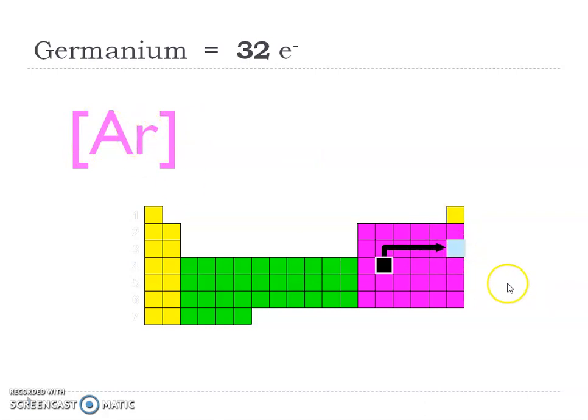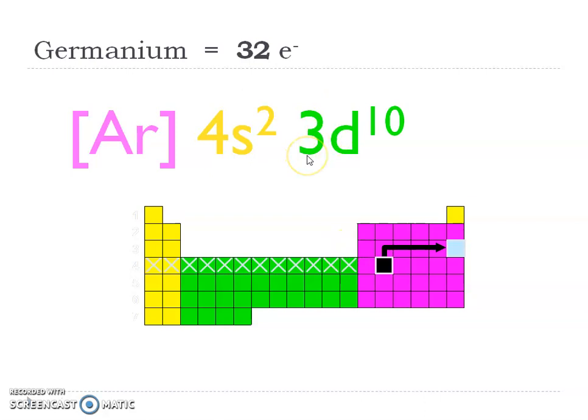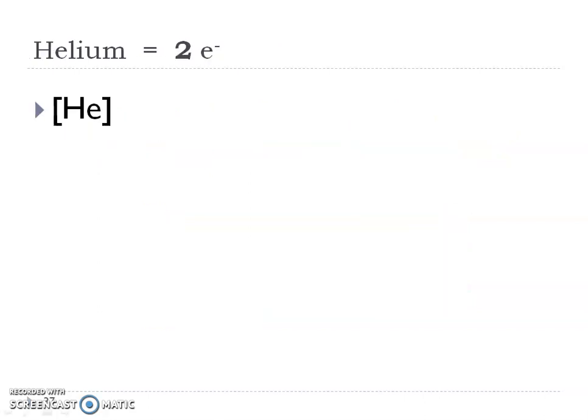So going from argon, the next section is the 4s2. This whole section is filled, so I give that the 3d10, and now this is our P section with 2 electrons there, so the 4p2. Again, it's the noble gas before, and then filling up the normal electron configuration as you normally would.